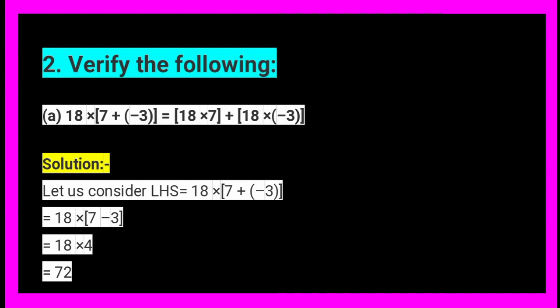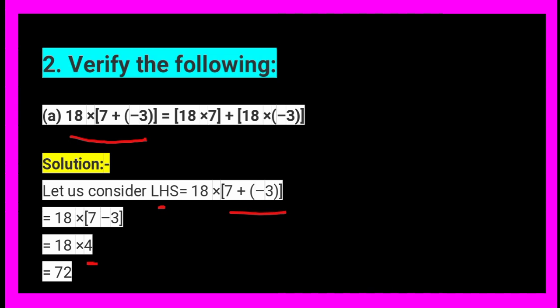So first of all we solve the left hand side, and here it is 18 multiplied by the brackets 7 plus minus 3. As per the BODMAS rule we know that first of all we need to solve the brackets. 7 plus minus 3 is equal to 4, right?